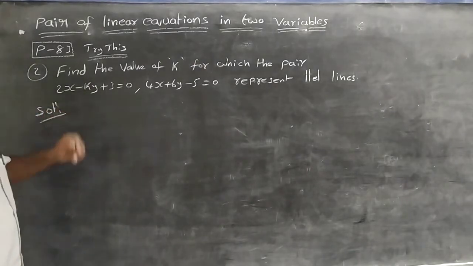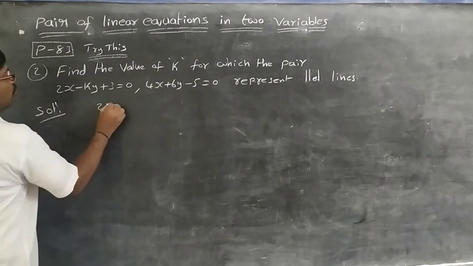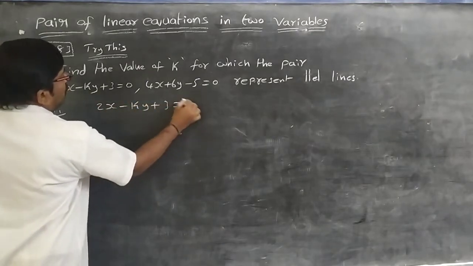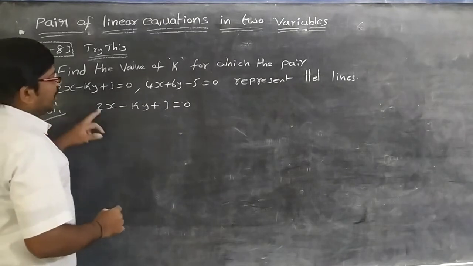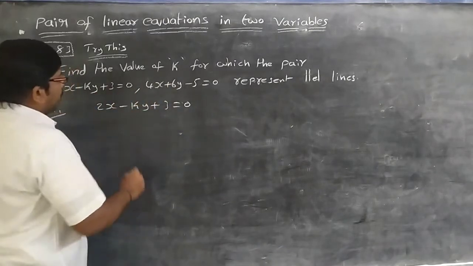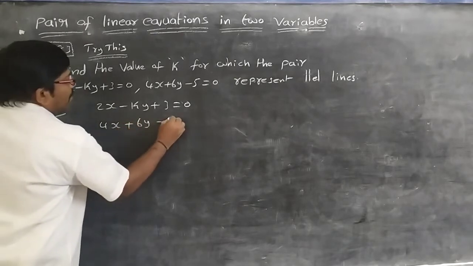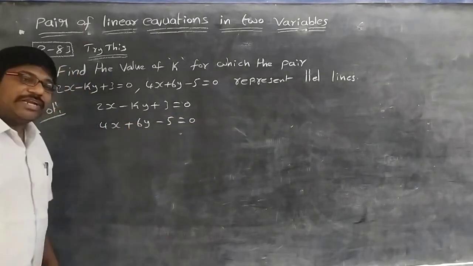First of all, write the system like this: 2x minus ky plus 3 is equal to 0. The first equation is already in general form. Second equation, 4x plus 6y minus 5 is equal to 0, right?